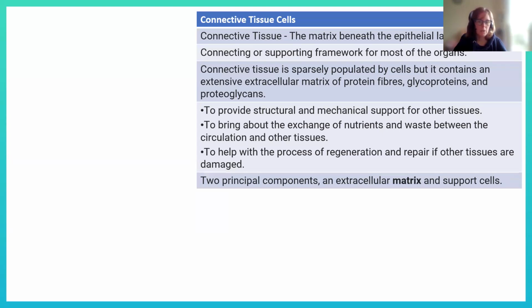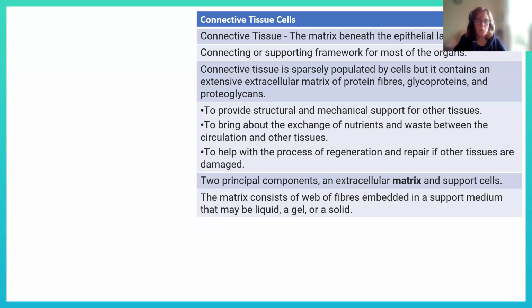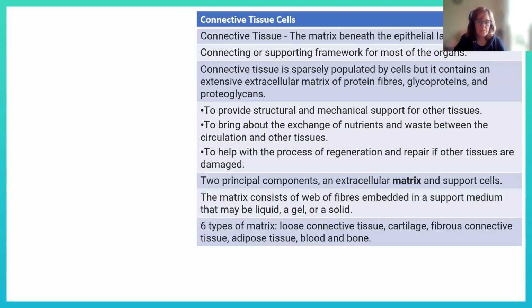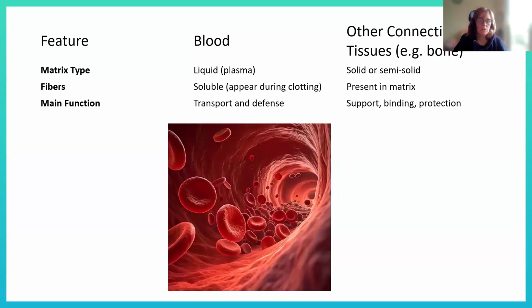We said the main components of the extracellular matrix of the connective tissue were this matrix, loads of fibers, loads of proteins, and support cells. So we'll have a quick look at the ones that we looked at last session. Here, in the blood, the matrix is the liquid, the plasma, and the fibers, actually, you can't even see the fibers in blood.